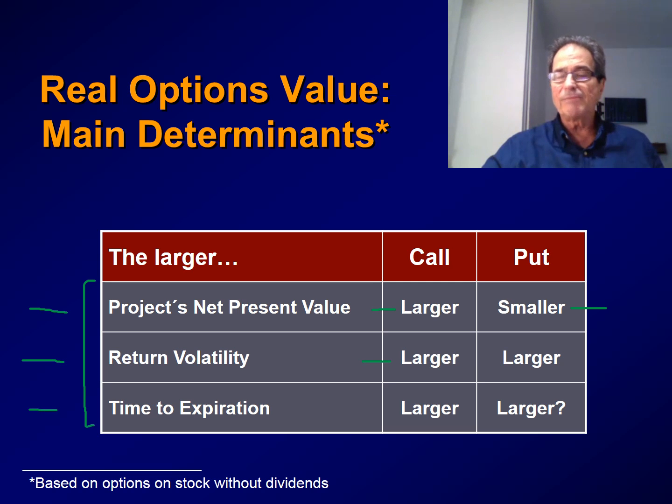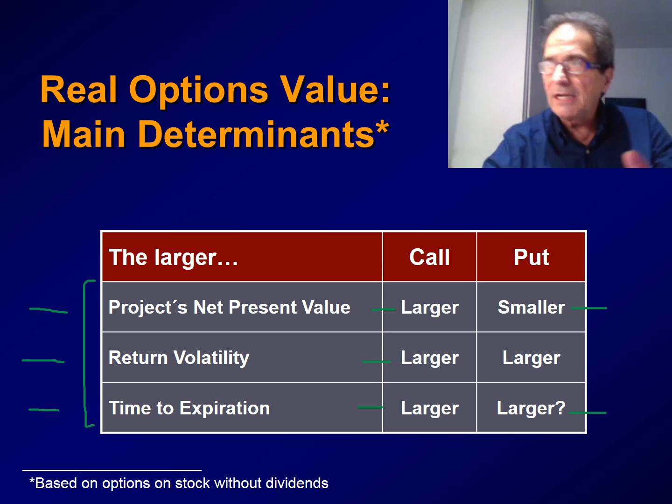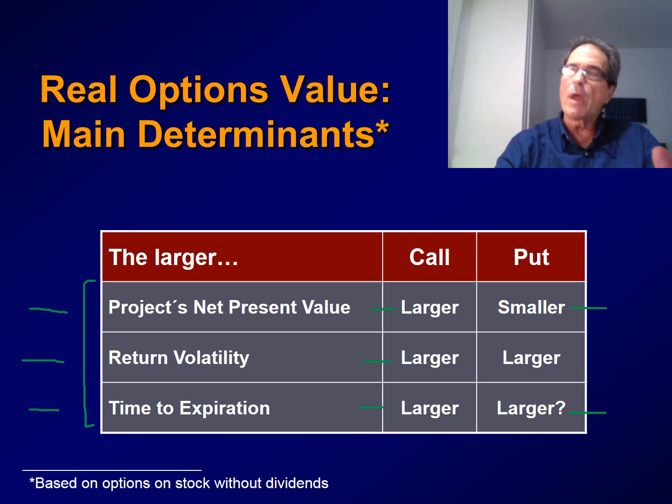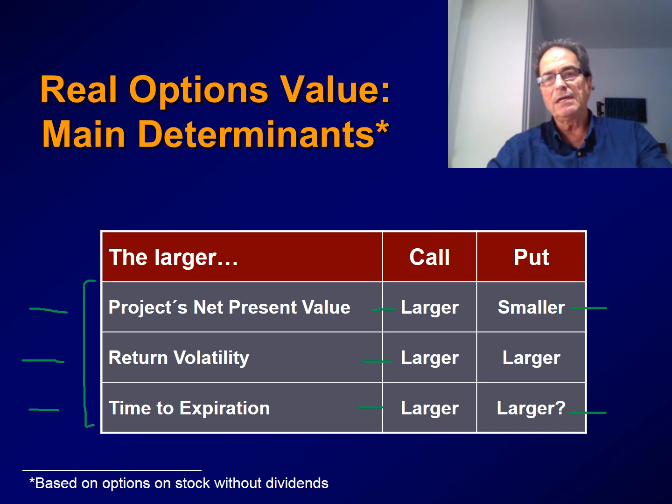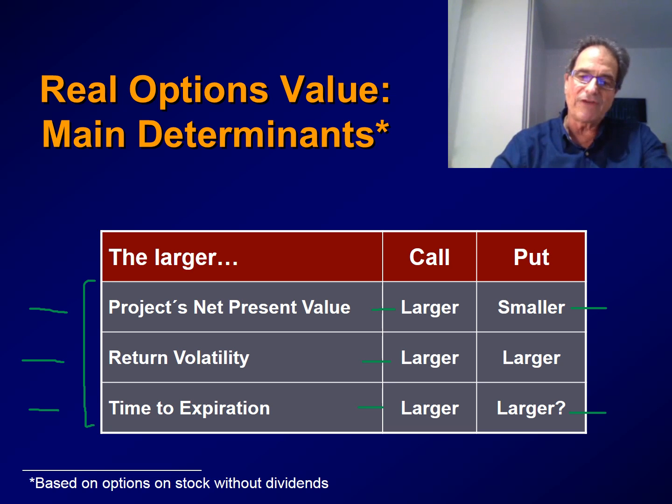And finally, time to expiration. The longer the time to expiration, the value of the call will be larger, and most of the time the value of the put will be larger as well. So in general, the way these variables affect the value of the option is exactly the same as in the case of financial options.